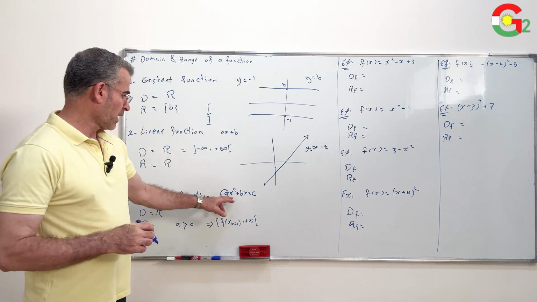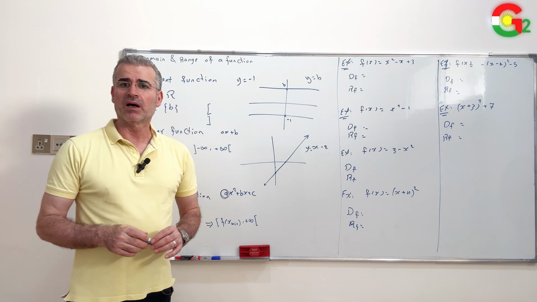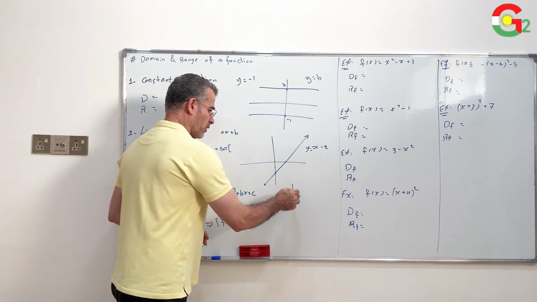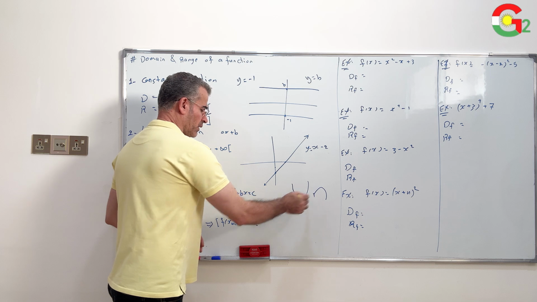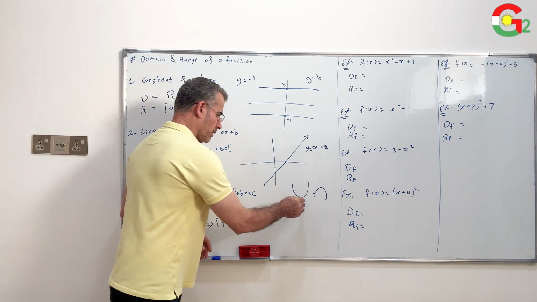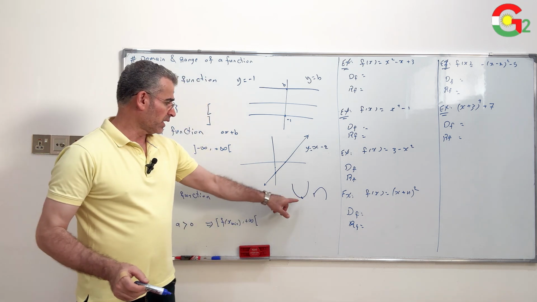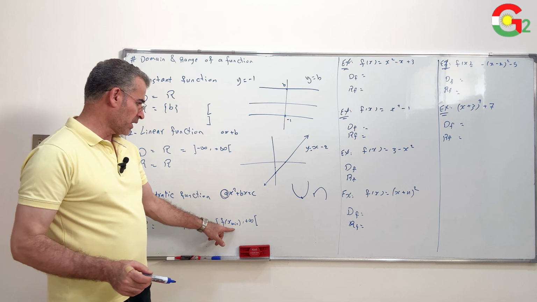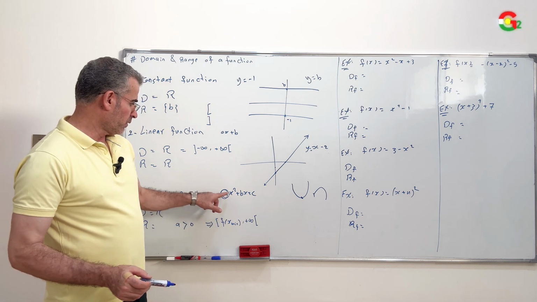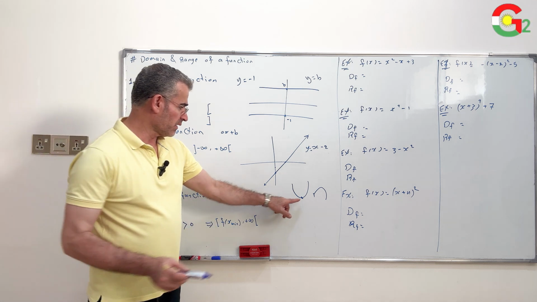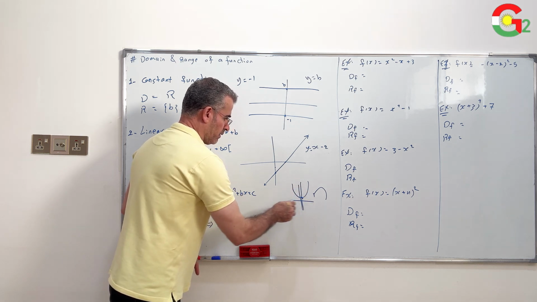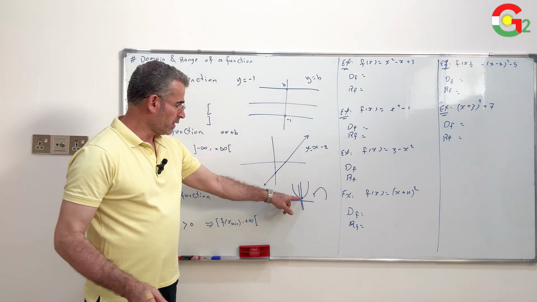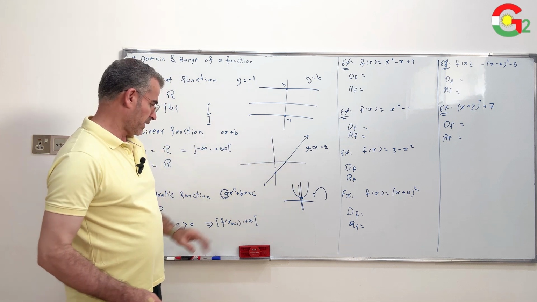As you know, the graph of a quadratic function is always a parabola, either opening upward or opening downward. Then the x coordinate of the vertex is x min, and when A is positive, the range will be from this point to infinity.